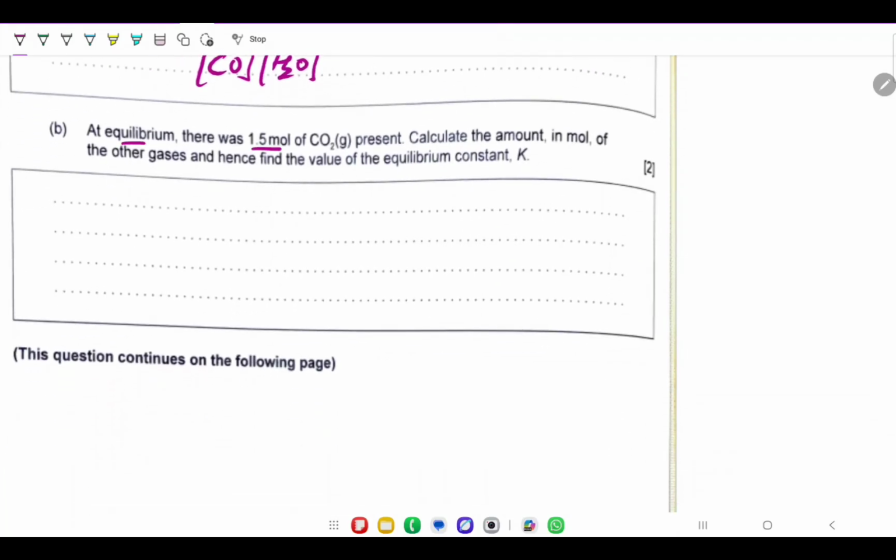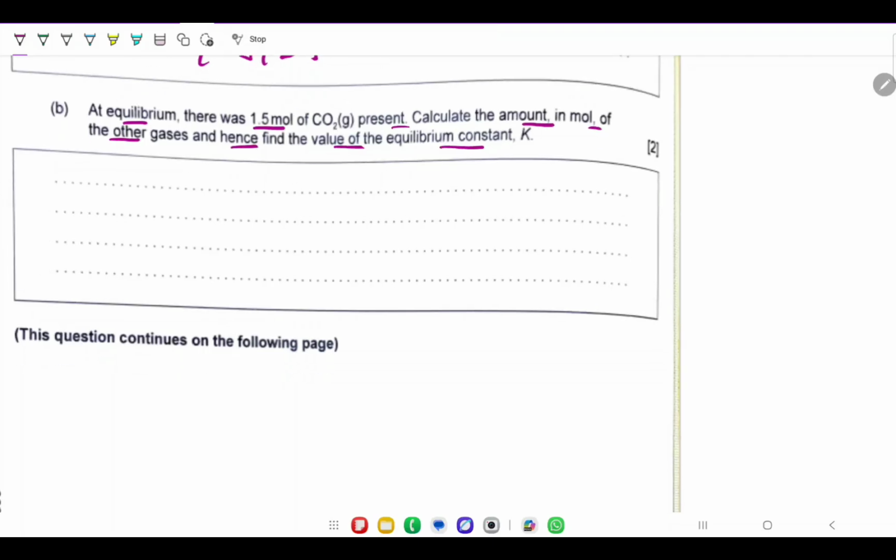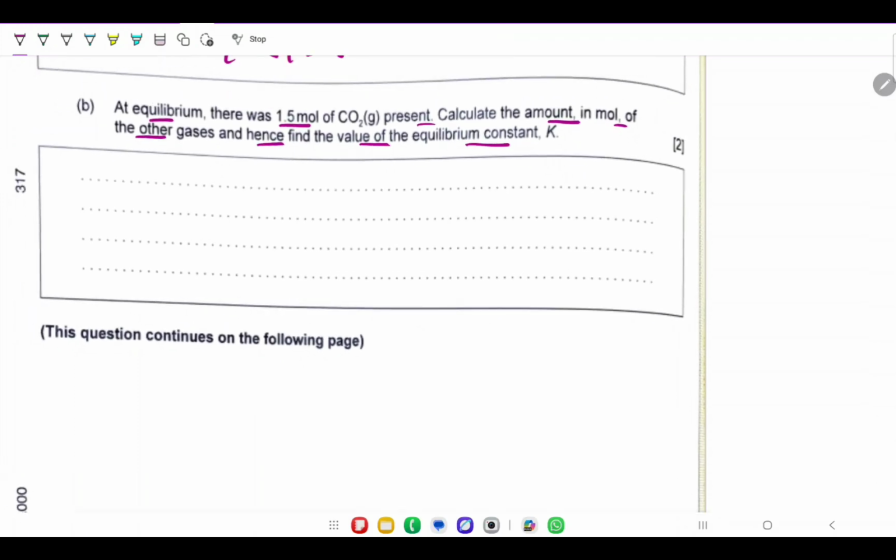At equilibrium, there was 1.5 mole of CO2 present. Calculate the amount in mole of the other gases and hence the value of the equilibrium constant. For this we have to make a table: carbon monoxide, steam, carbon dioxide and hydrogen. First we'll find out the initial concentration.